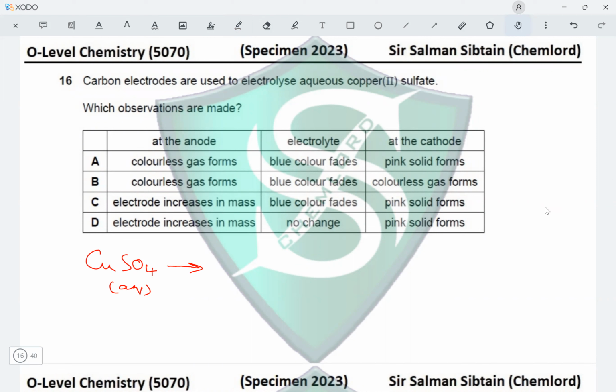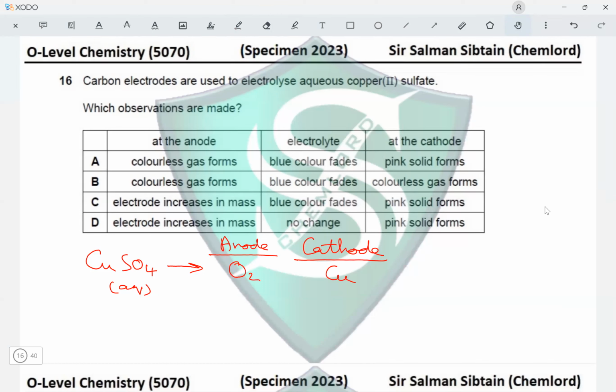So comparing copper sulfate with water, because it is in the aqueous state, since we have the sulfate ions present, at the anode we would have oxygen gas being produced, whereas at the cathode we would have copper metal being deposited, because copper is less reactive than hydrogen. So copper would be the one that would undergo reduction at the cathode and not hydrogen. So the product at the anode is oxygen and the product at the cathode is copper.